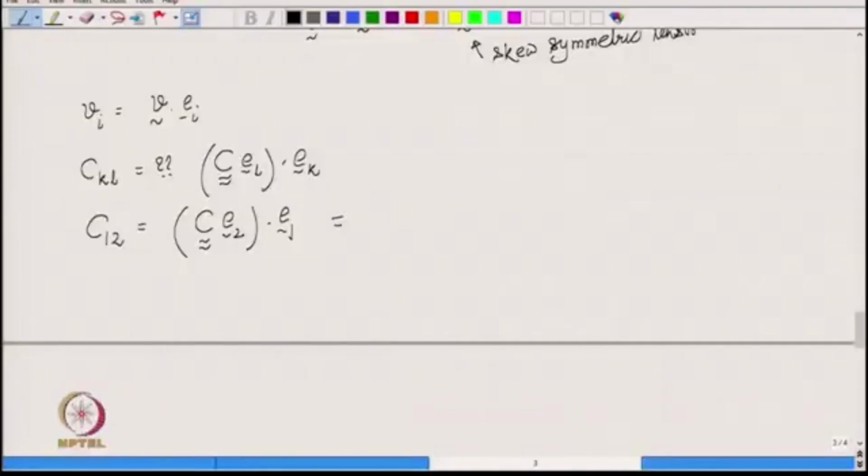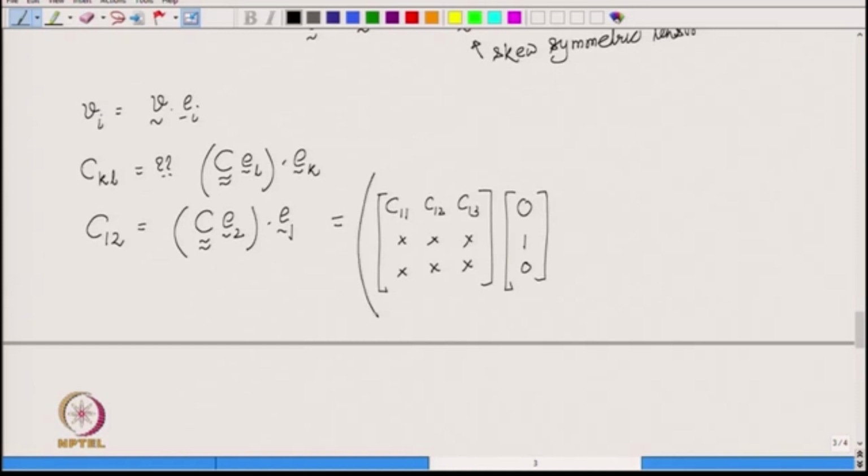So, this is same as the C matrix, the whole C matrix C11, C12, C13, the whole C matrix multiplied by e_2, and e_2 is then 0, 1, 0, right.